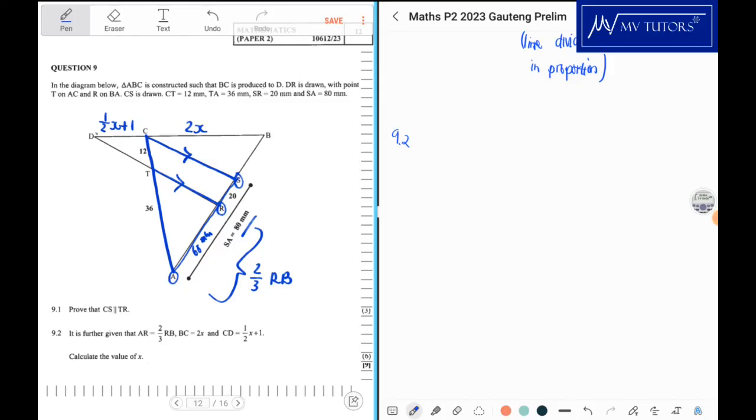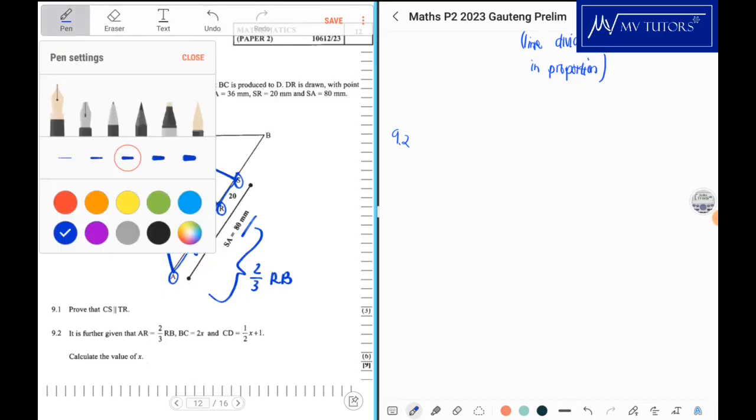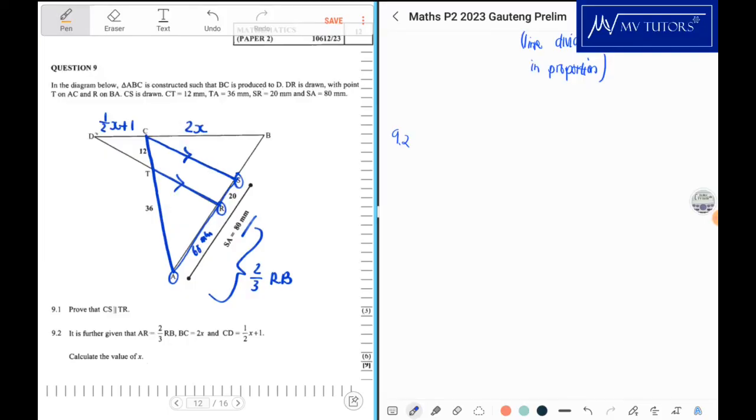Okay, so in this scenario, we've already proven that the two sides are parallel, right? I'm now going to focus on triangle DBR. I'm going to just draw it out for myself, upright.